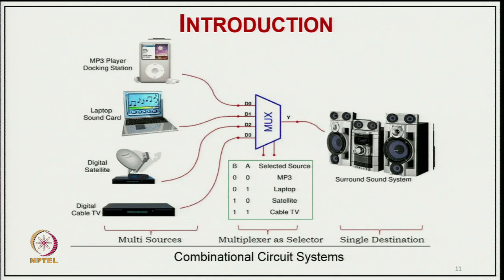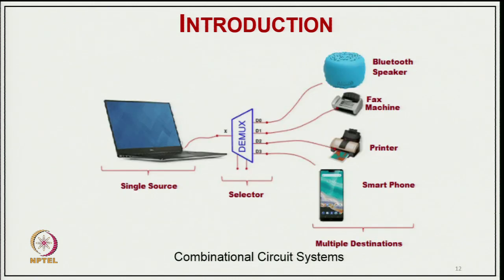You can have multiple sources connected to the mux, and your surround sound system can be connected to any one of, let us say, 4 devices. Even by using a 2 selector switch, you can have any one of these devices connected to the sound system, one at a time. So, this is a good example of a multiplexer system.